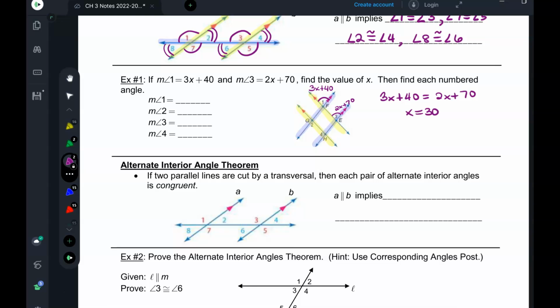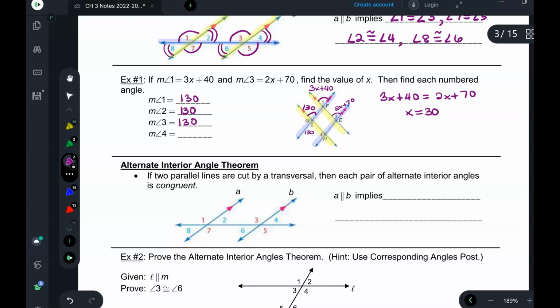Okay, then we plug back in. So angle 1, 3 times 30 is 90, plus 40 is 130. And angle 3 would also have to be 130. Okay, then if we look at angle 1 and this angle here, those are corresponding, so this would also have to be 130.